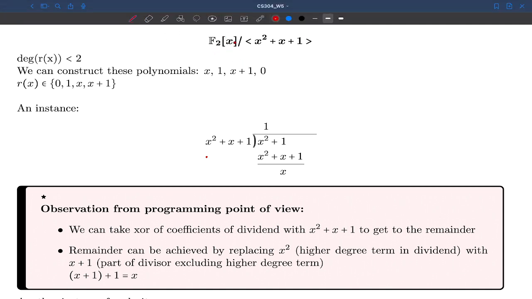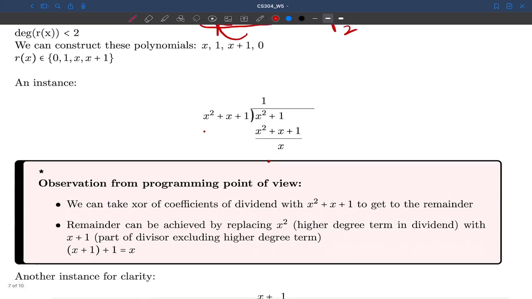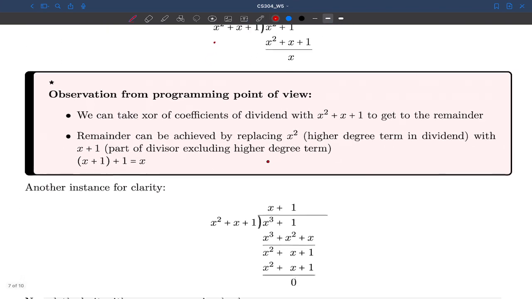It is a special type of phenomenon which happens only in this kind of set which is defined over field F2. So for your clarity, to make you believe that this happens, let me take one more instance.